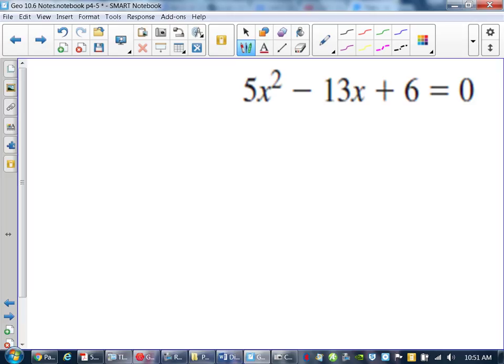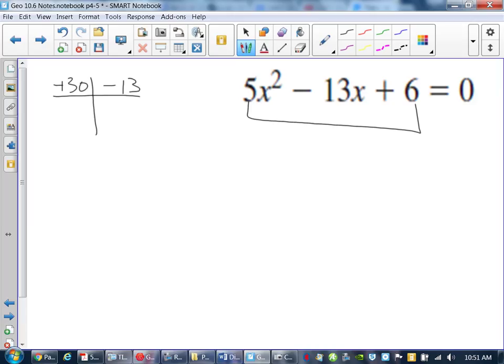So I do 5 times 6, which is still 30, but I'm showing all the steps. I'm still multiplying my tails together to get positive 30, but I want them to add together to equal negative 13.